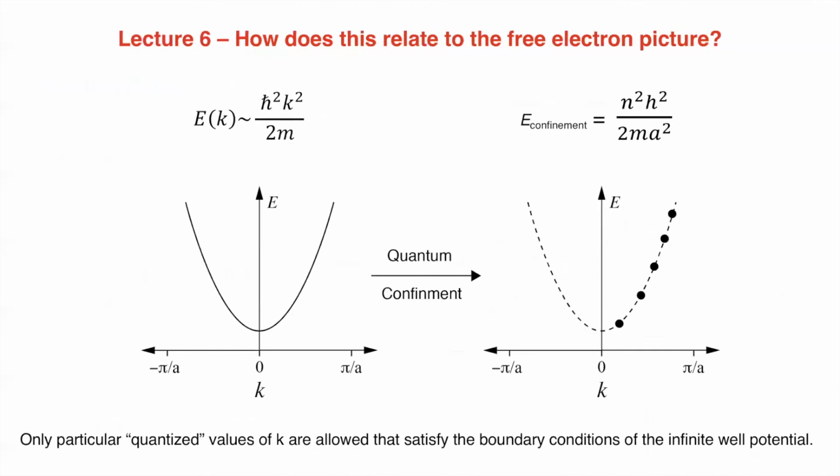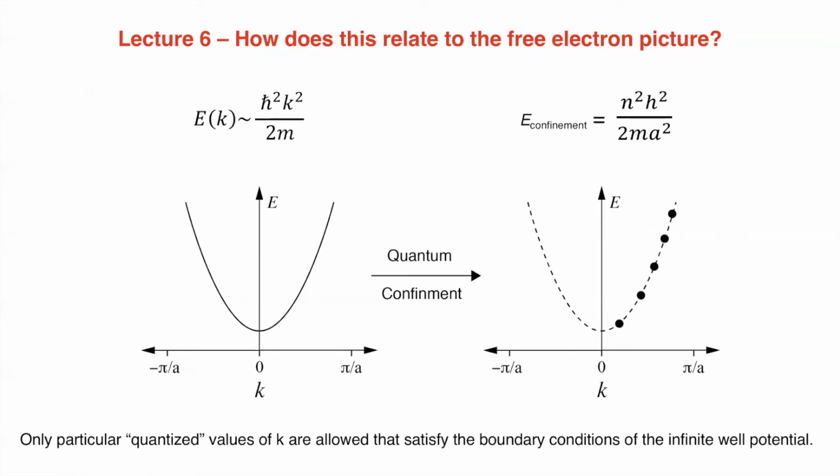Before we get to that, let's take a look at another picture of this and see how it relates to the free electron picture. We showed you this diagram for E versus K, and at the bottom of the conduction band, E versus K is quadratic with K. That's very much the same in the particle in a box picture.